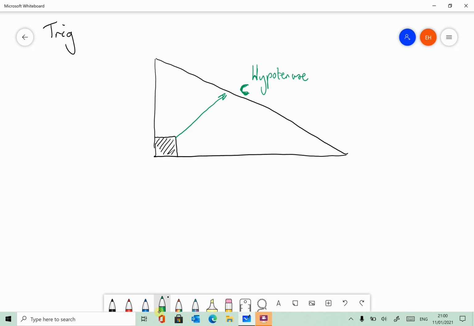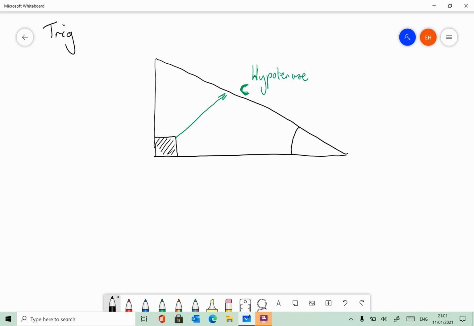Okay, now if I am talking about this angle down here, so if I'm talking about that angle, do you know something? I'm going to introduce a new letter.